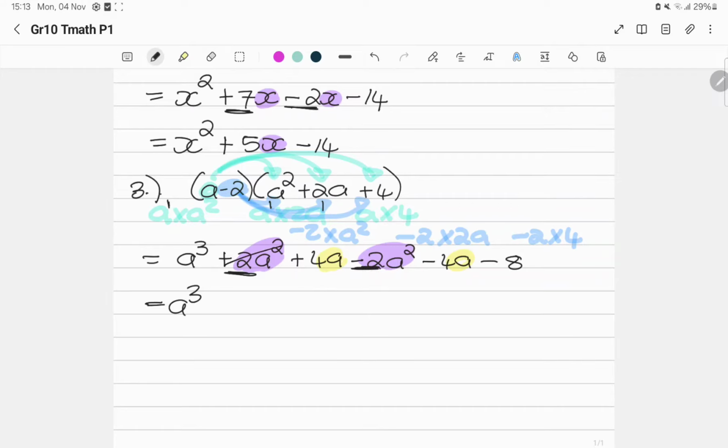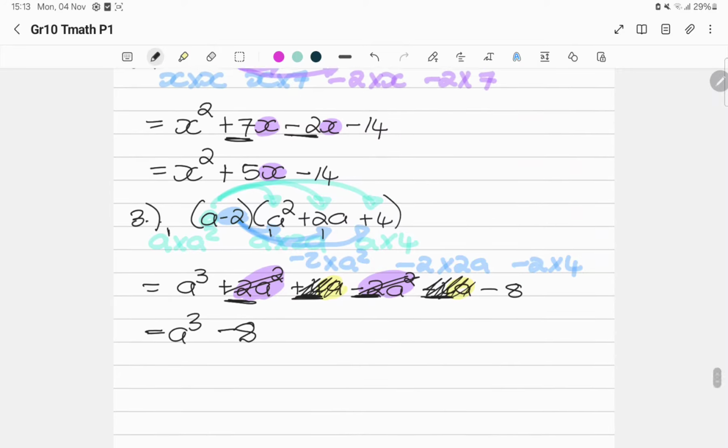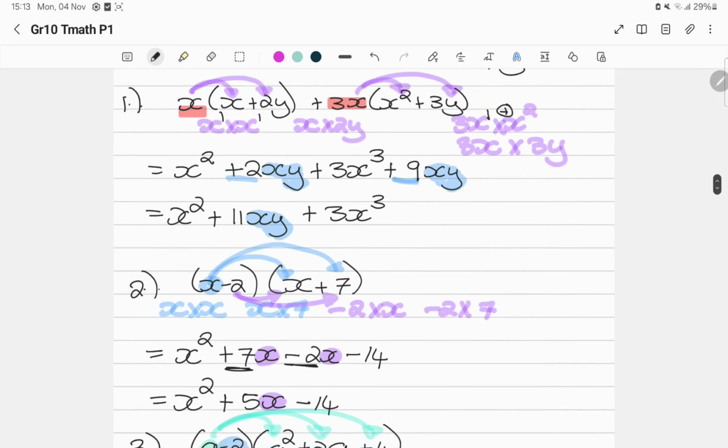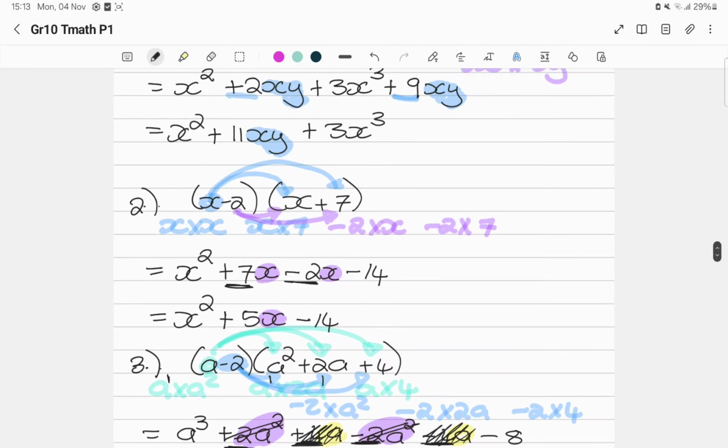So my entire 2a squared minus 2a squared cancels. Then I move on. What is 4 minus 4? Once again it is 0. So this entire term cancels, and then I'm only left with negative 8. So these are the 3 simplification ways in which I can ask the question.